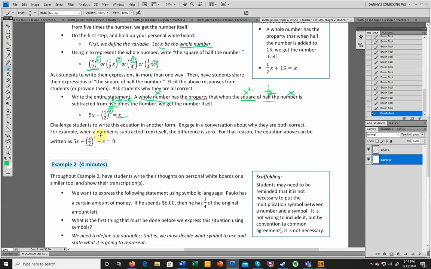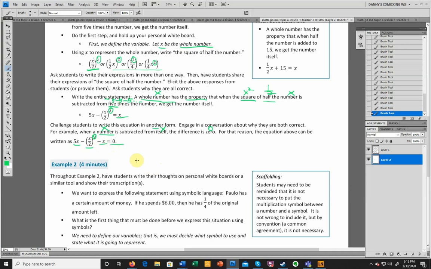When a number, so x, is subtracted from, so minus x minus itself, the difference is 0. For that reason, the equation above can be written as 5x minus x over 2, so that's 1/2 x, squared, minus x, your answer is 0.